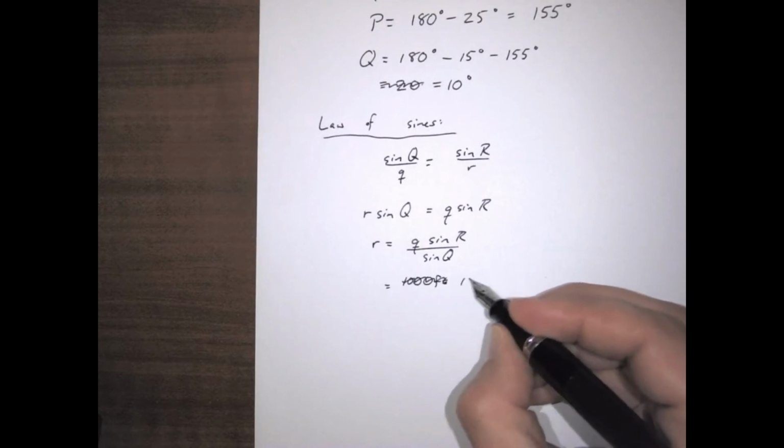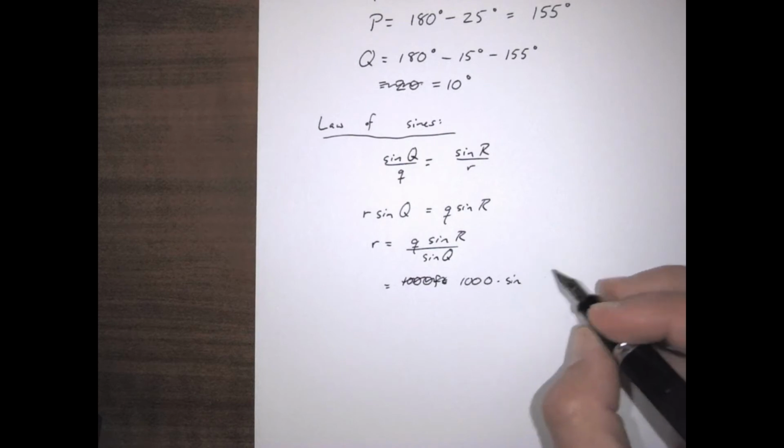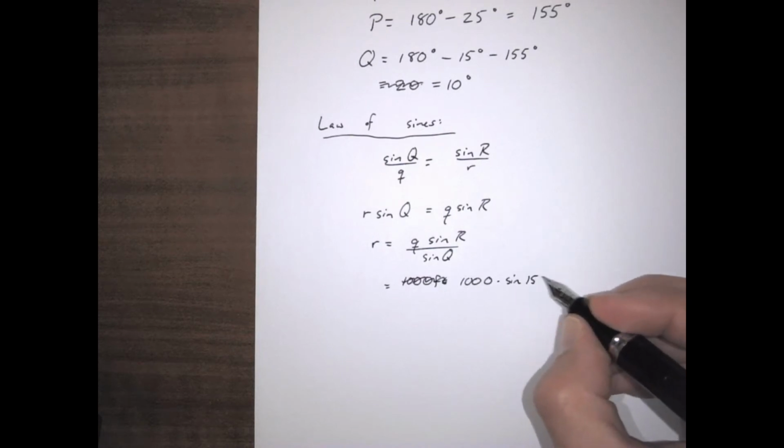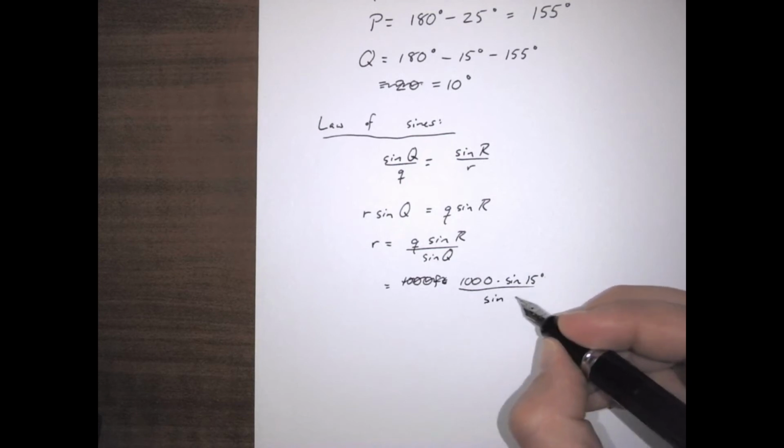I'll leave the units off until the end. 1,000 sine of 15 degrees divided by the sine of 10 degrees.